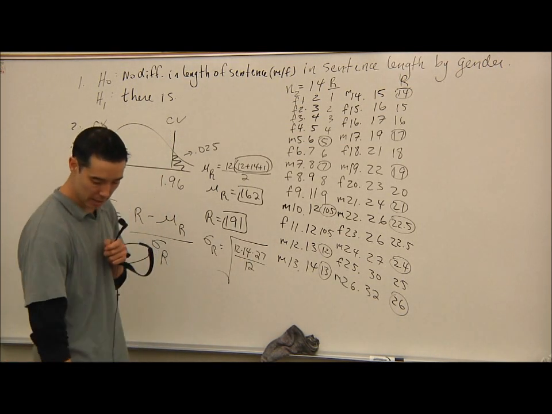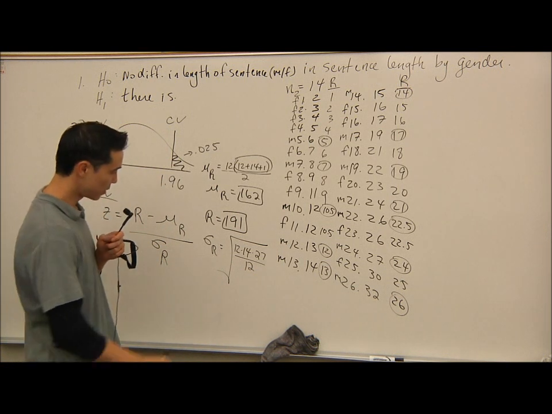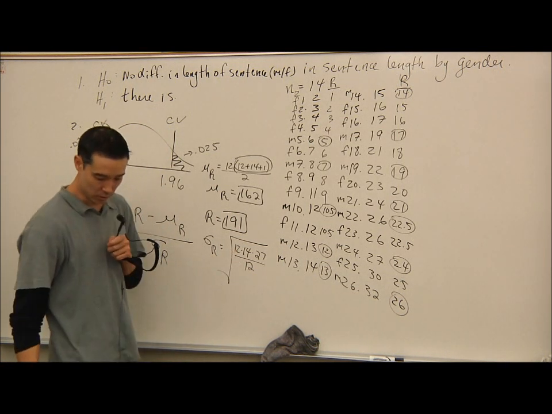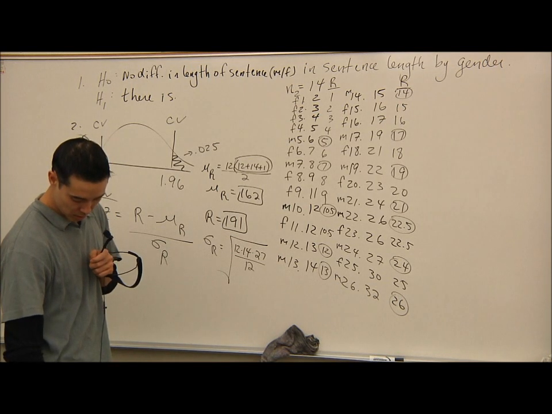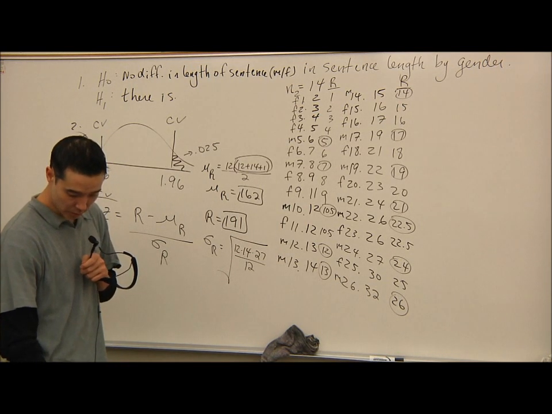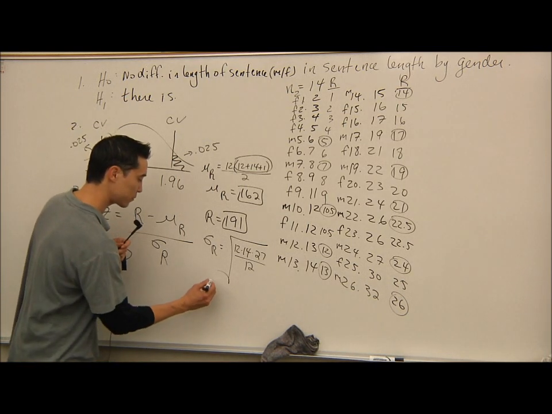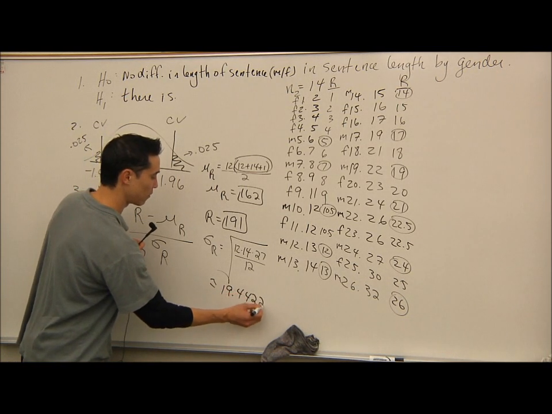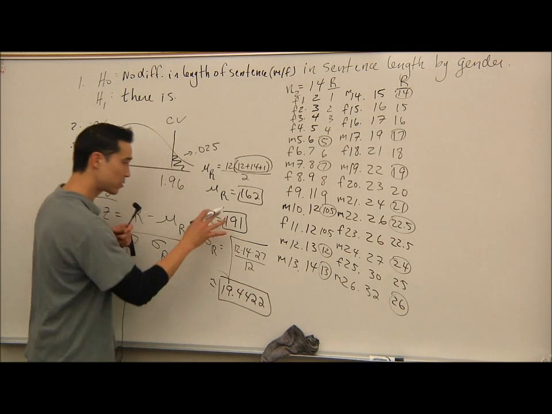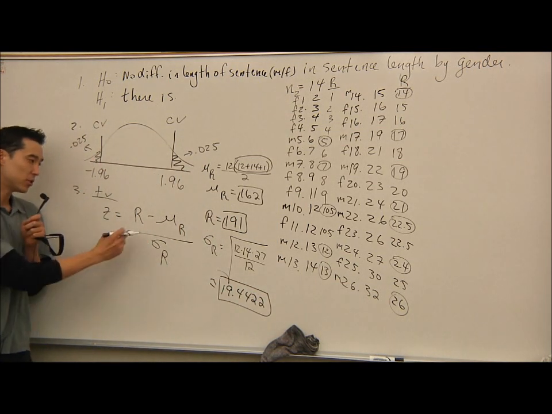So go ahead and calculate that. This one's kind of nice because these 12s cancel out if you want to shorten it. But in any case, you should get, if we go 4 decimal places, 19.4422. And those are the 3 main things that we need to do the test value.